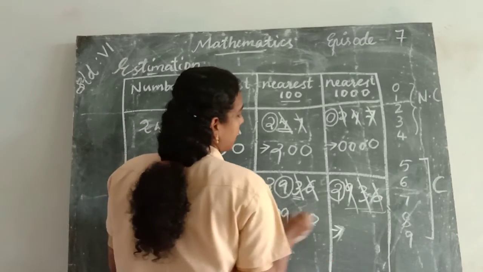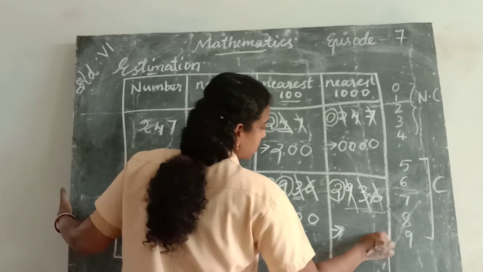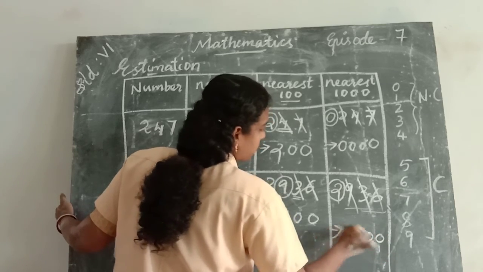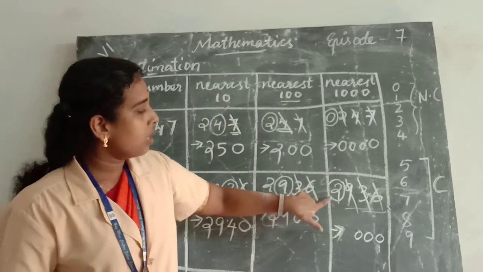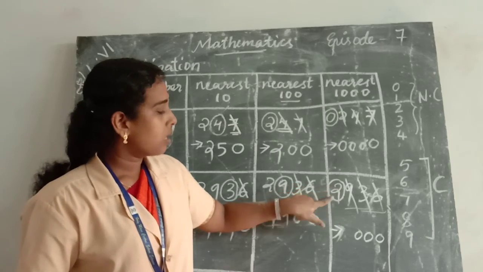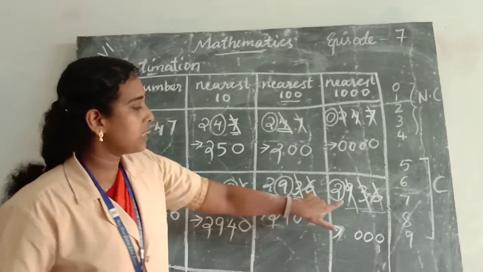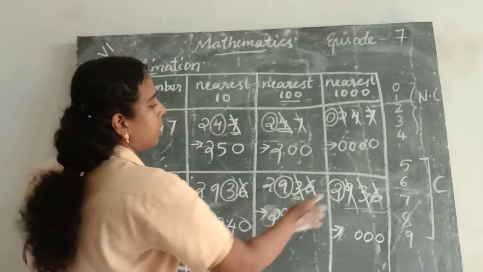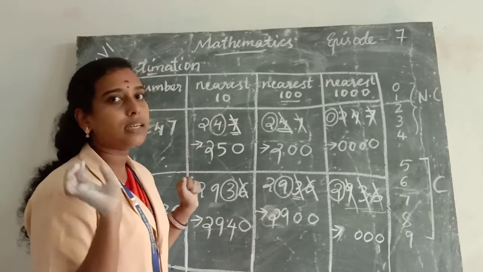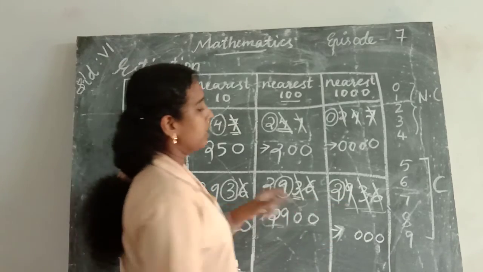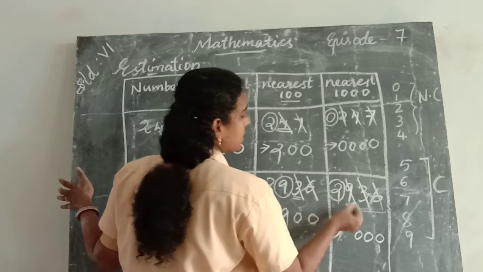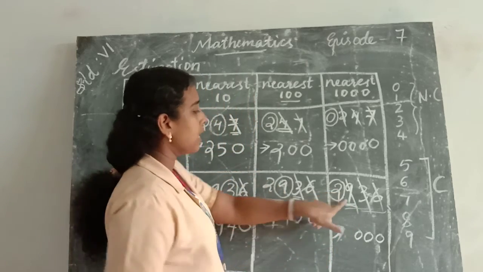Here three digits are off, so we put zeros at the off digit positions. And to write the digit at the rounded position, we just look at the digit that just comes before the rounded digit, which is 9.